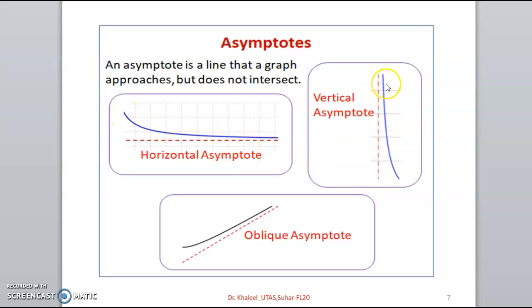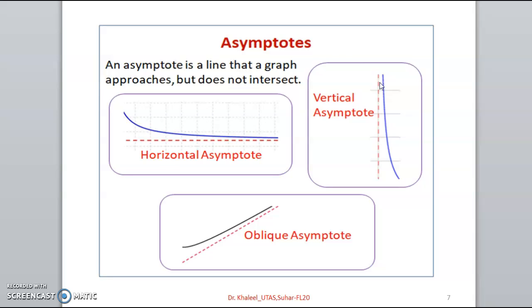In another case, we have a graph and we have a vertical line. When you see this graph and the line, they are approaching. They are coming closer and closer, but they don't touch.